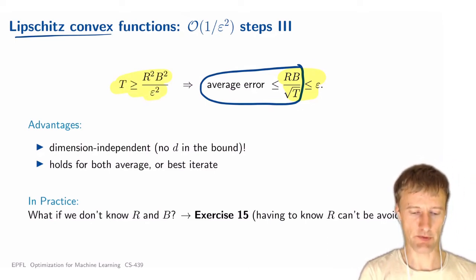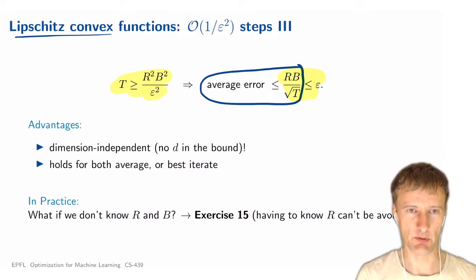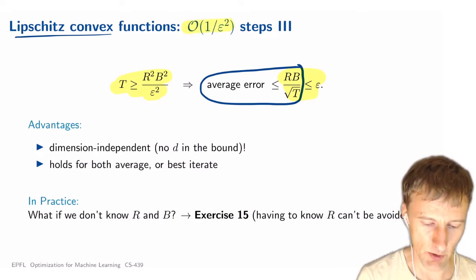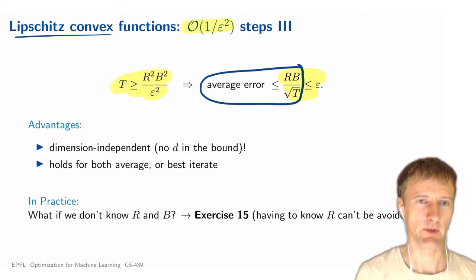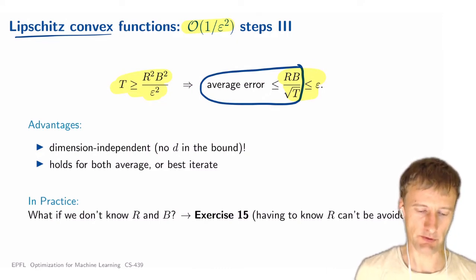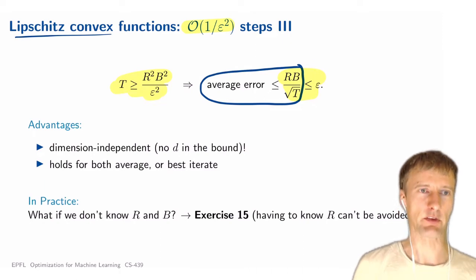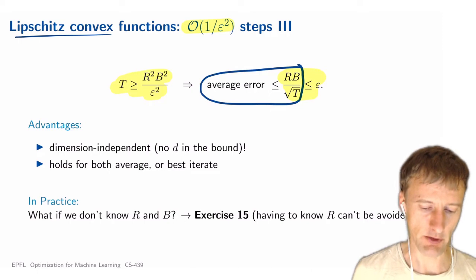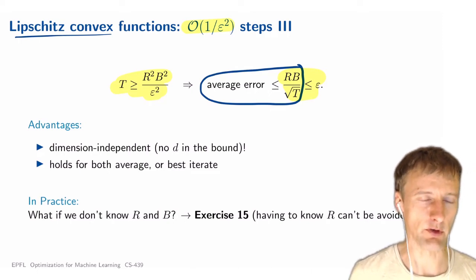So that's asking how many steps we need. To get epsilon accuracy, you need 1 over epsilon squared many steps. That's just a different way of saying the same thing: if I do t steps, my error is 1 over square root t. Equivalently, to get epsilon error, I need 1 over epsilon squared steps. You could just solve for t or solve for epsilon.